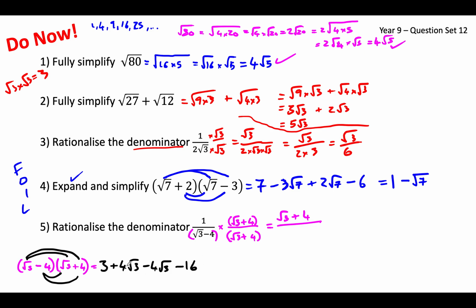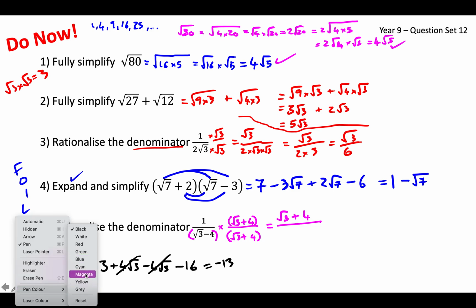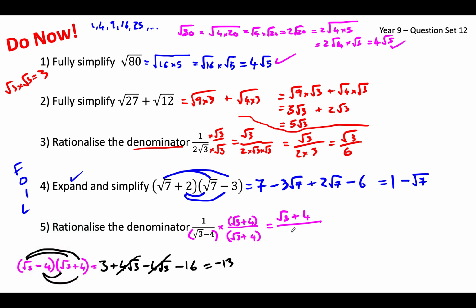Right, plus 4 root 3 and minus 4 root 3, they cancel out and disappear. So we're left with 3 take away 16, which is negative 13. So that will be the bottom of my fraction over here. So it will be negative 13, but we don't like doing that. You can actually just put the minus in front of the whole fraction there. So root 3 plus 4 all over 13.